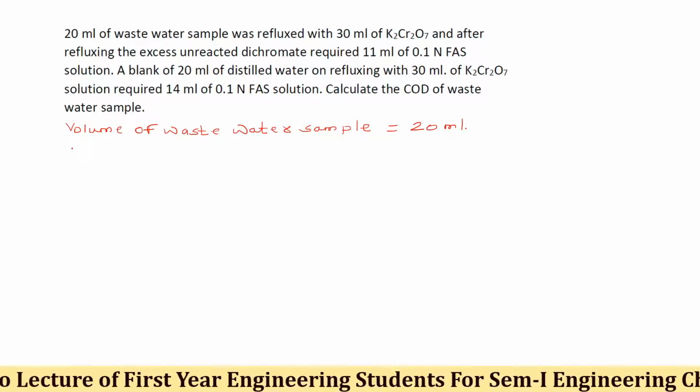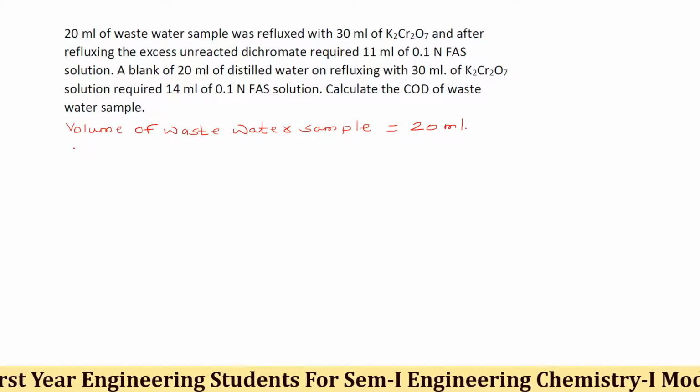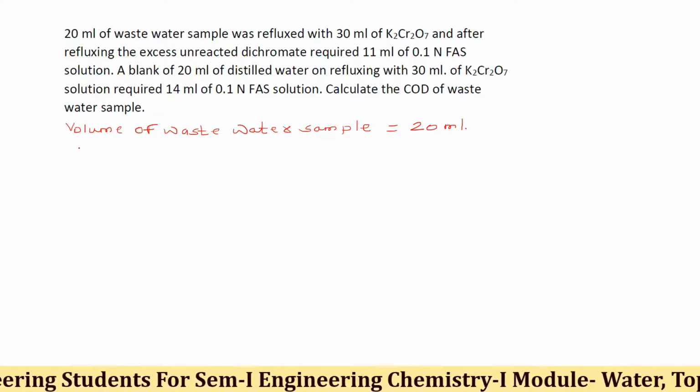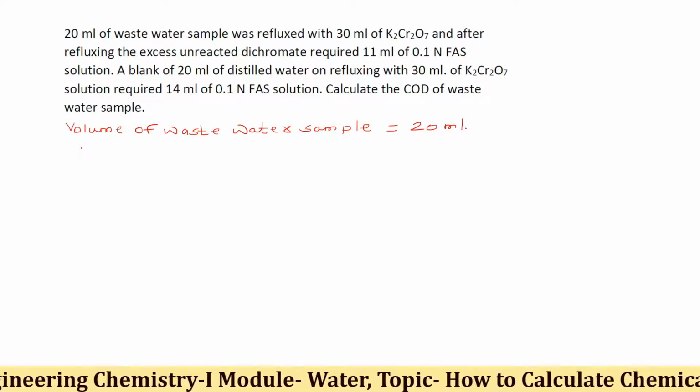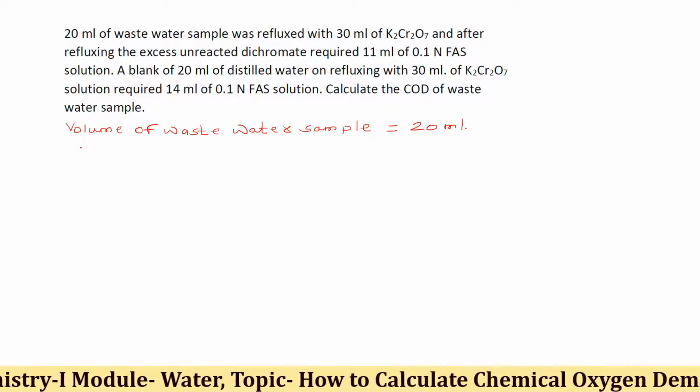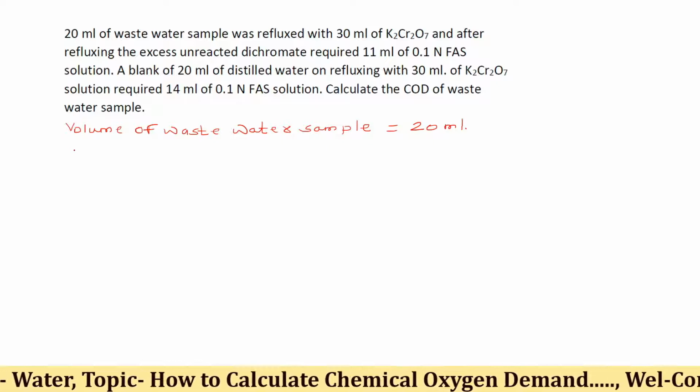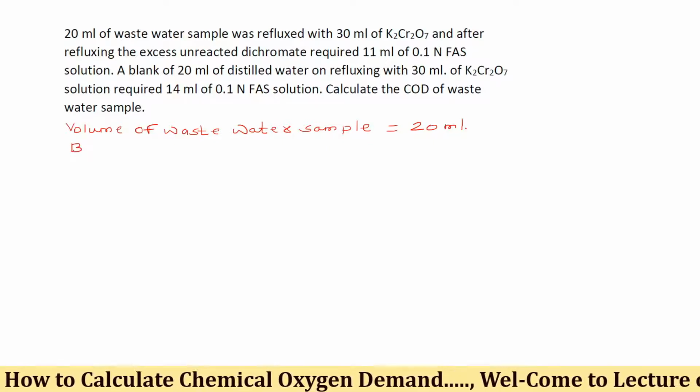Then, in the first part, the actual wastewater sample is taken and refluxed with K2Cr2O7. This means it is the part of back titration. So the back titration readings are given.